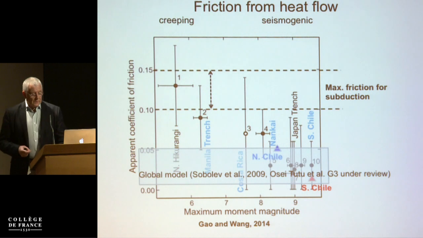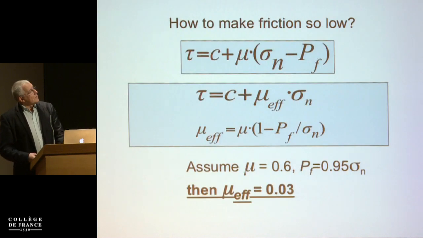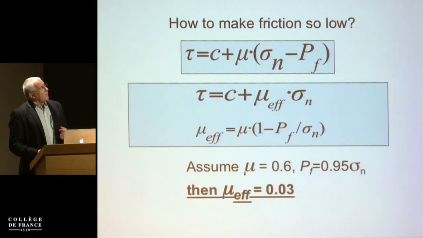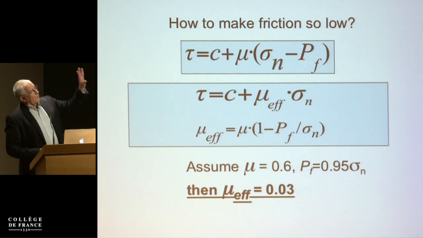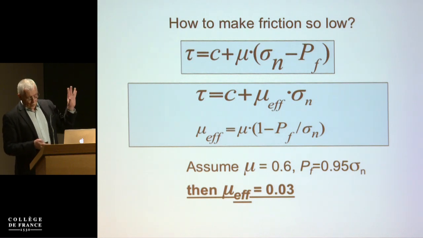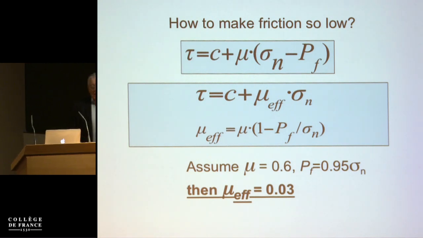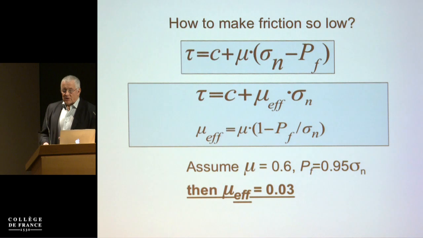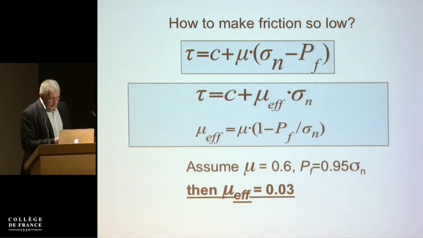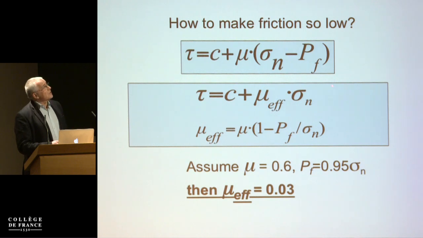Okay, so this we'll have in mind for the next part of the story. First, we just address the question why friction is so low, because we know from experiments it's much higher in dry rocks, and of course it was already suggested by many people that this is an effect of high pressure fluid.